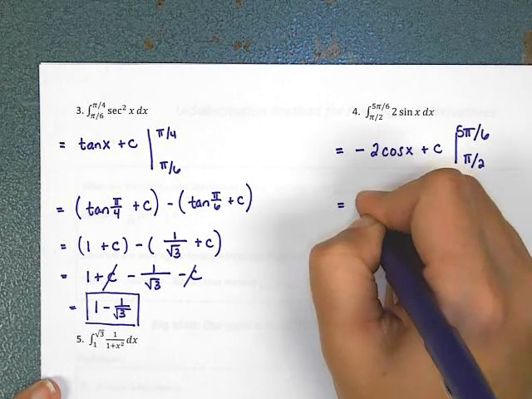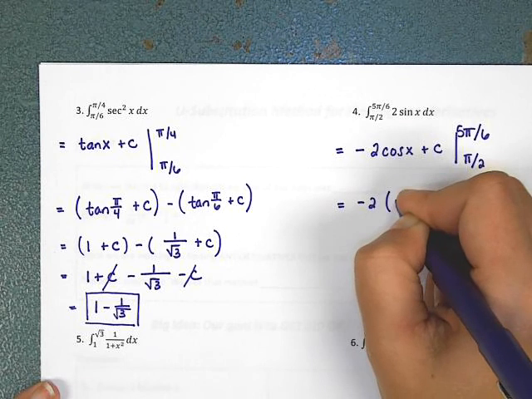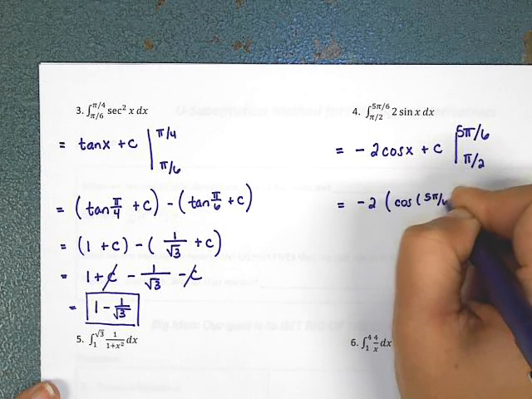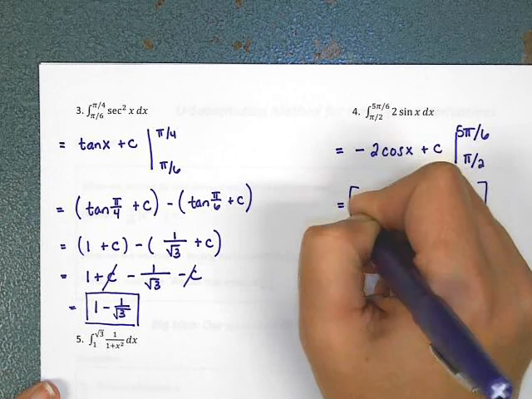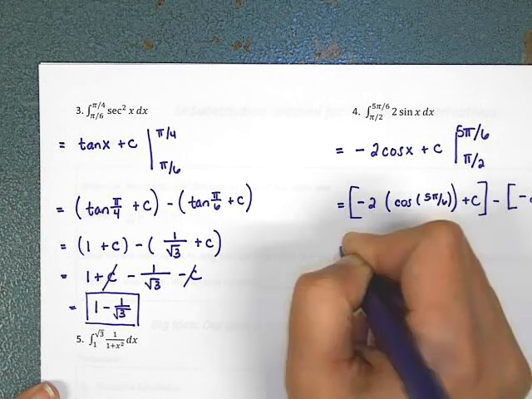I'm going to plug in the 5 pi over 6 first. So -2 cosine of 5 pi over 6 plus c is the first part, minus -2 cosine of pi over 2 plus c is the second part.